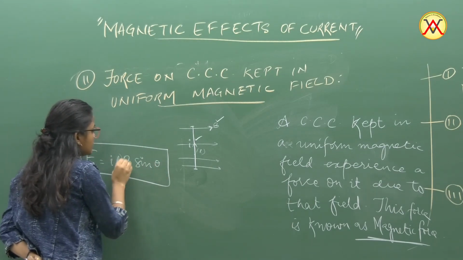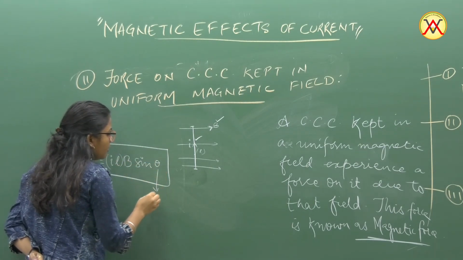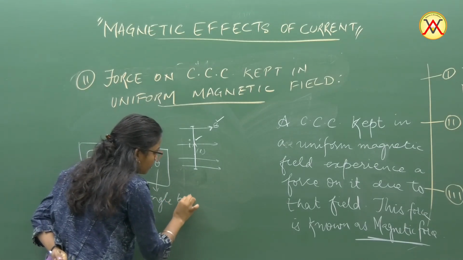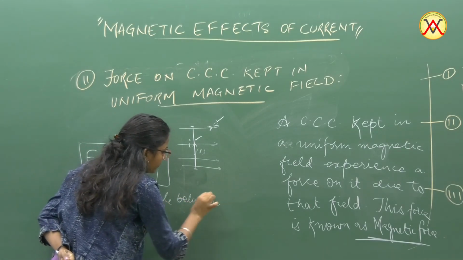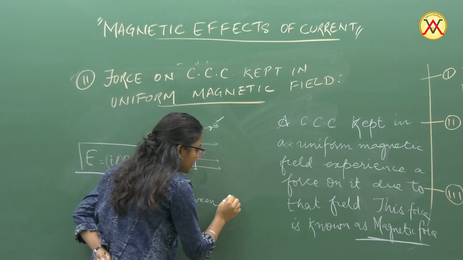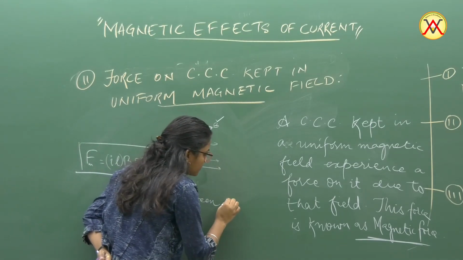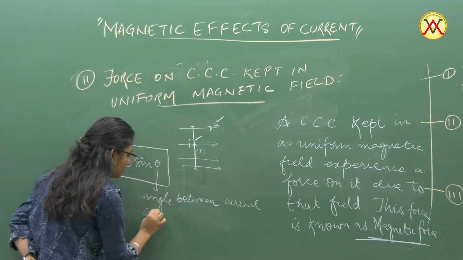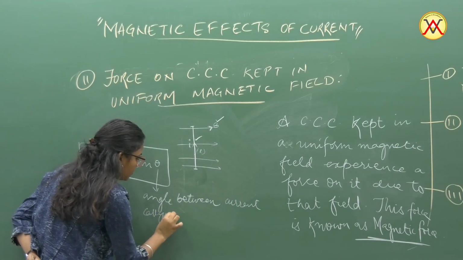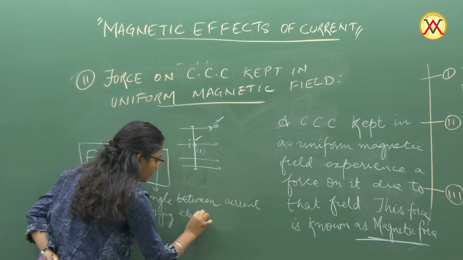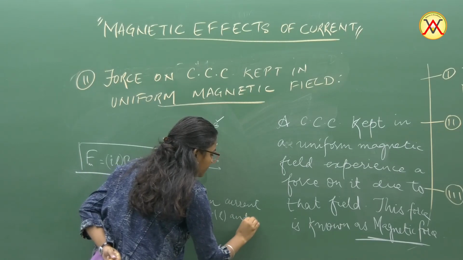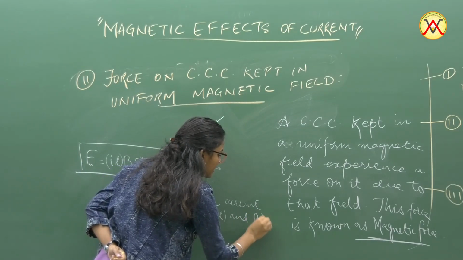Now, what is this sin theta? Theta is the angle between our current carrying element, that is L, and B, our magnetic intensity.